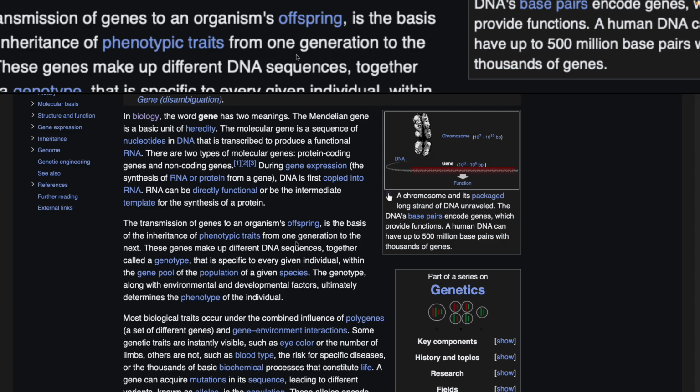These genes make up different DNA sequences. The genes make up different DNA sequences together, called genotype, that is specific to every given individual within the gene pool of the population of a given species.